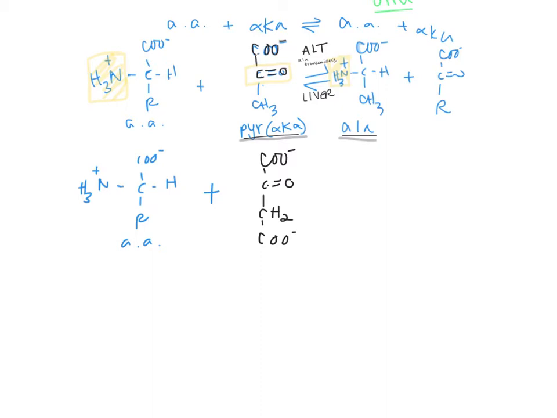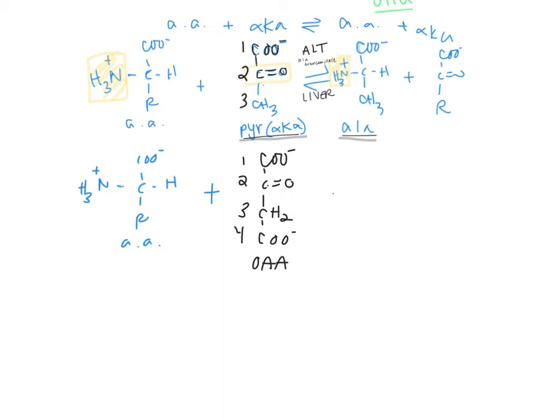So we've gone from an alpha-keto acid. We're going to just be growing the alpha-keto acids by 1 carbon at a time. So pyruvate is 1, 2, 3 carbons. This is OAA, which is also an example of an alpha-keto acid, and this has 1, 2, 3, 4 carbons.